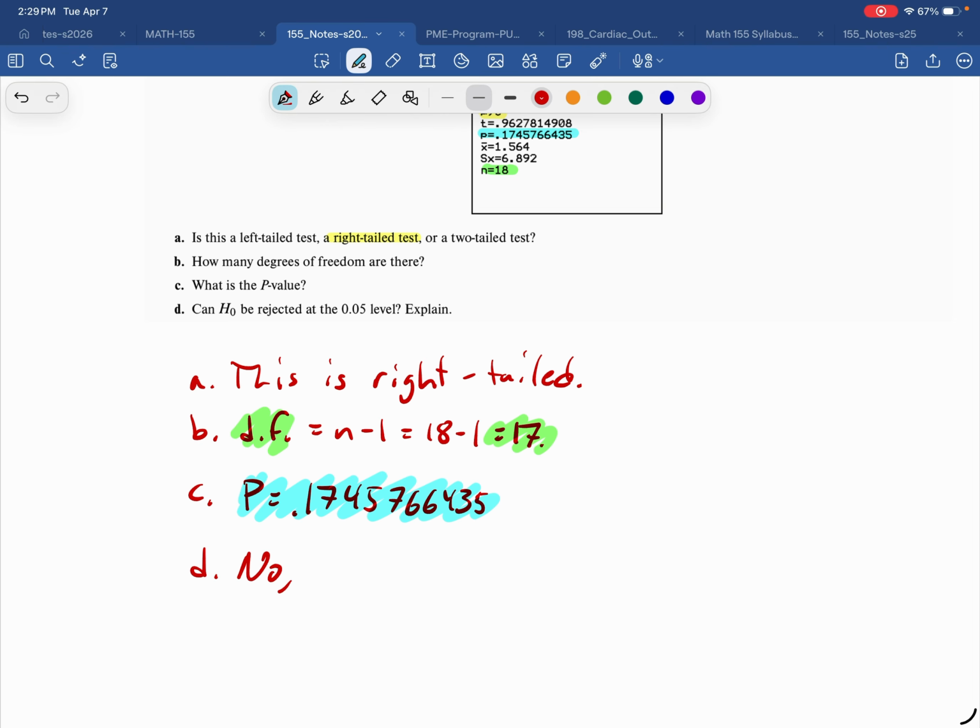No. Fail to reject the null hypothesis because P equals 0.17 is greater than 0.05, which equals alpha. Now we're done.